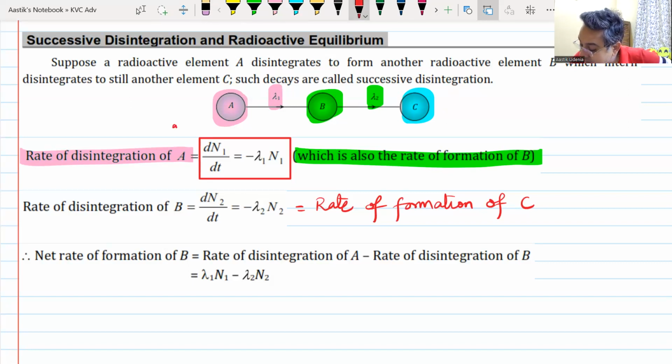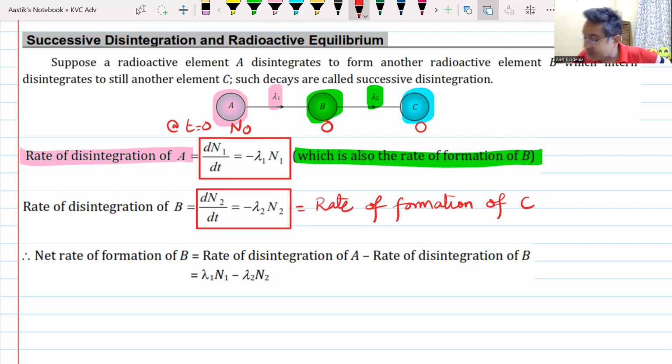Let me write it here: at time t is equal to 0, this is N0, this is 0, and this is 0. At any given time t, the number of molecules of A is N1, the number of molecules of B is N2, the number of molecules of C is N3. I hope you understand this.